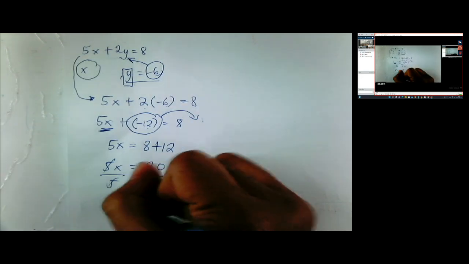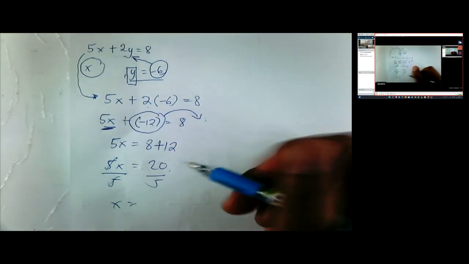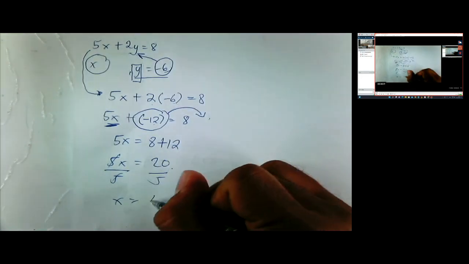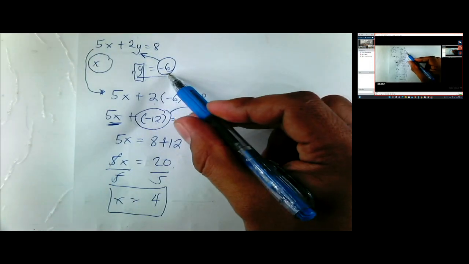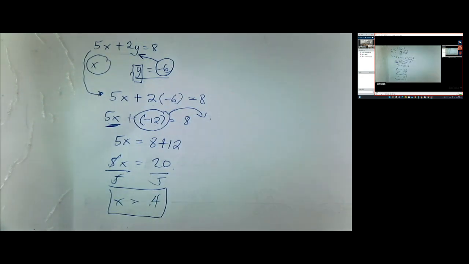And so our x is equal to 20 over 5, which is equal to 4. Meaning, when y is equal to negative 6, your x is equal to 4. That is how you're going to determine the value of the variable. Okay? Understand? Let's have another example.